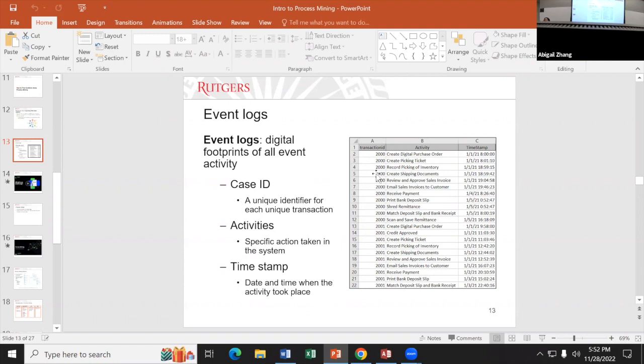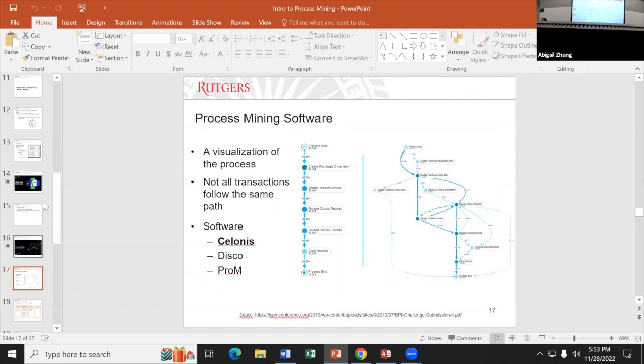It contains this ID that we use to track a particular transaction, and also a description of the activity of what happened to the transaction, and also a timestamp that says this is the time when this activity happened. So process mining is basically a process where you use that event log to track the life cycle of a transaction, right?